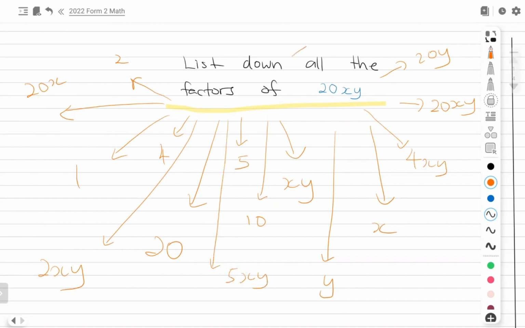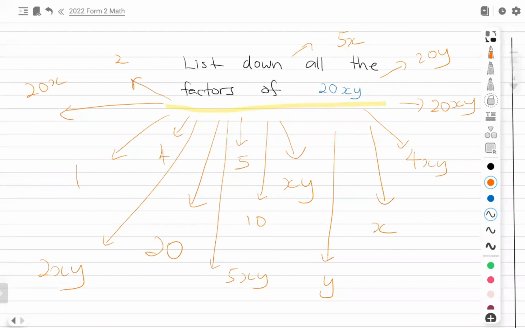Then it also can write 5x, 5y, 10x, 10y. So 20xy can be divided by a lot.